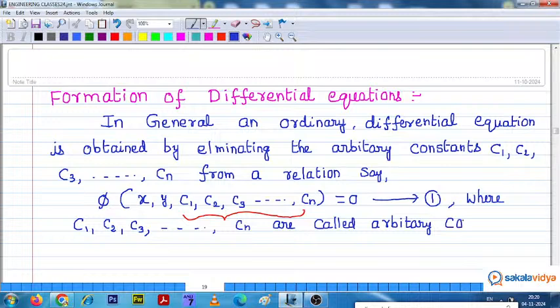That means differentiating equation 1 successively with respect to x for n times, and eliminating the n arbitrary constants from the obtained equations, we get a differential equation.